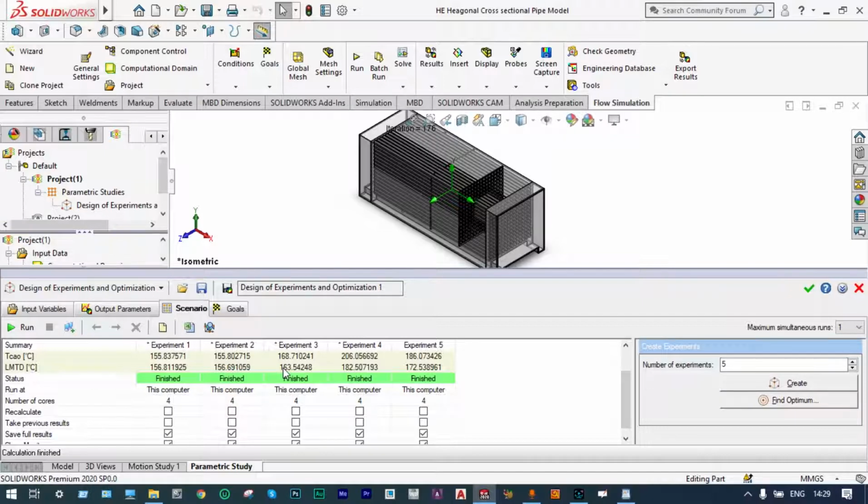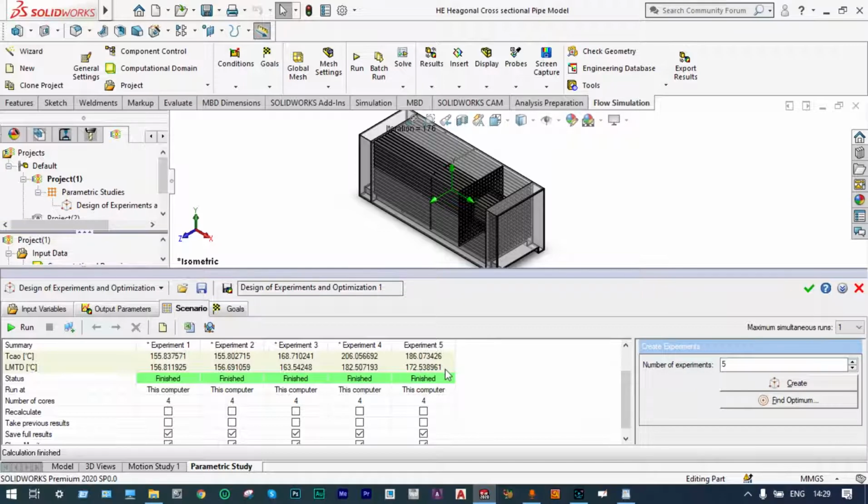At 600 degrees centigrade, we got LMTD 163.54. At 800 degrees centigrade, we got LMTD as 182.50 degrees centigrade. And finally, when the temperature of hot air from the side wall was 1000 degrees centigrade, then the LMTD value is 172.53 degrees centigrade.